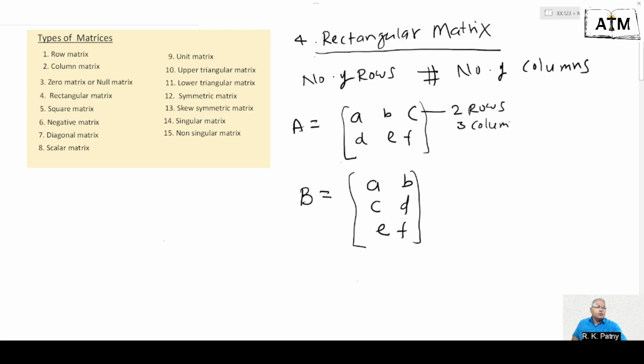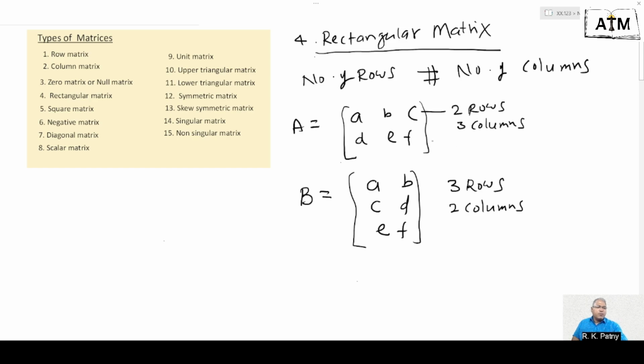So the number of rows is not equal to the number of columns. Therefore, matrix A is a rectangular matrix. Similarly, in matrix B, there are 3 rows and 2 columns. So even matrix B is a rectangular matrix.